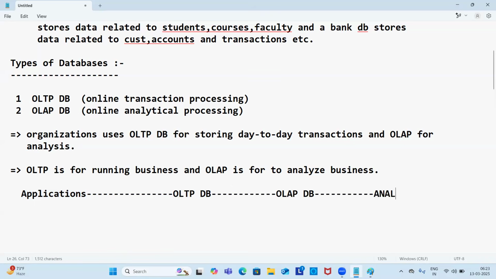Once the data is copied to OLAP, then they analyze it. That is the flow. The process of copying the data from OLTP to OLAP is called the ETL process: Extract, Transform, Load.